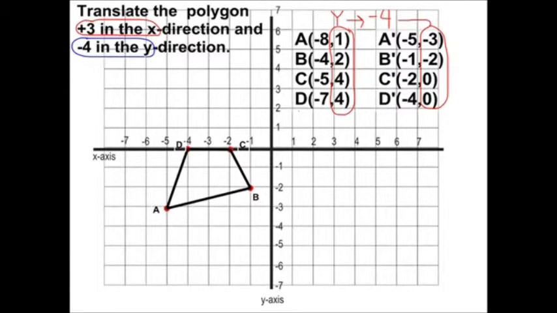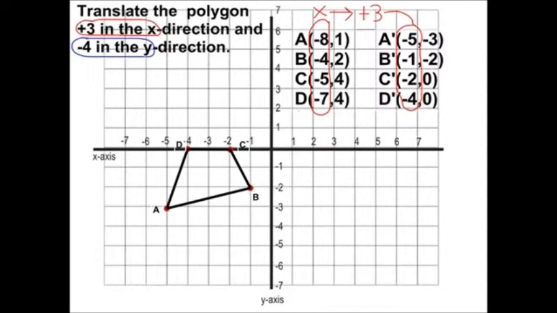When you work with translations, all you have to do is add the movement of the x direction to your original x location, and the sum should equal what the new x location is. For example, for point A, the x value was negative 8. If we were to add positive 3 to negative 8, it does make negative 5, and that's exactly where our new A point is located.